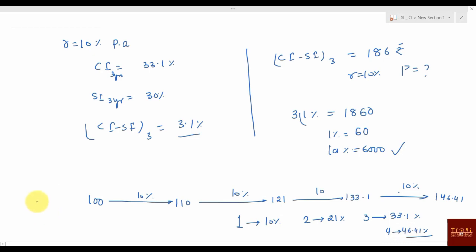So if I ask you CI minus SI for 4 years, CI for 4 years is 46.41% and SI for 4 years is 40%. So you will get 6.41%. If you remember some standard values, you don't have to follow the ratio method and waste a lot of time. Clear? Okay, let's see the compounding.